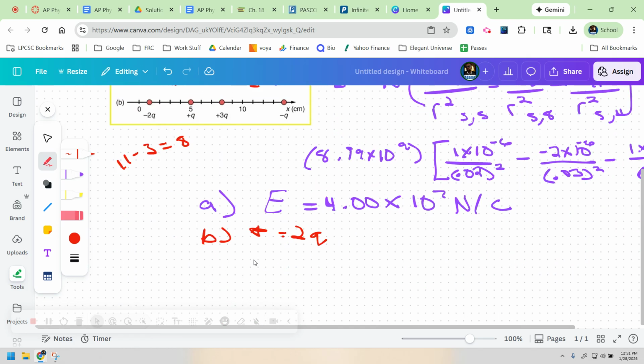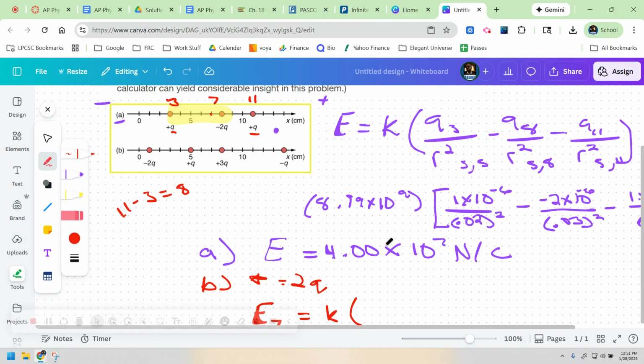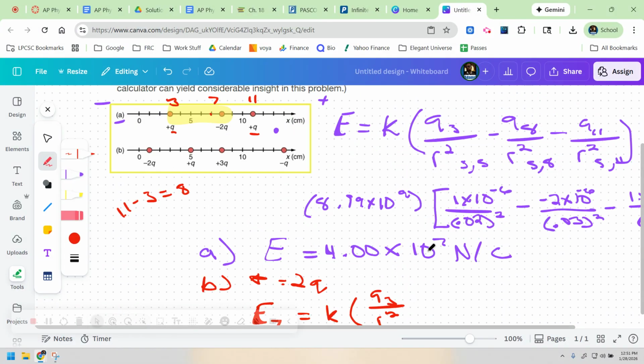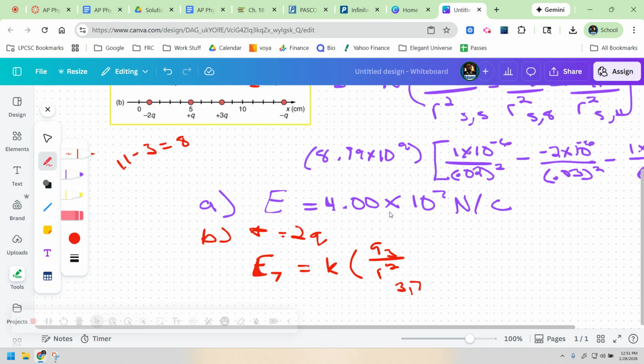So if I try to calculate the electric field with a test charge at 7, then I get K, right, times, I'm going to have my Q3, so it'd be a positive Q3, and then the radius, and this is why this works, at Q3, so that would be from 3 to 7. And then the next charge would be my 2Q, which goes in the negative direction.